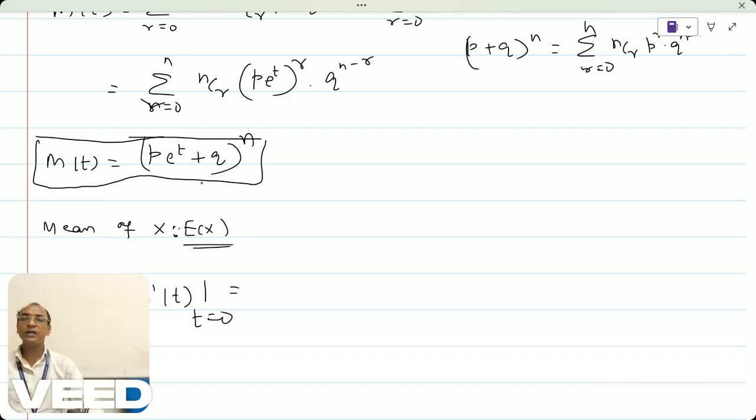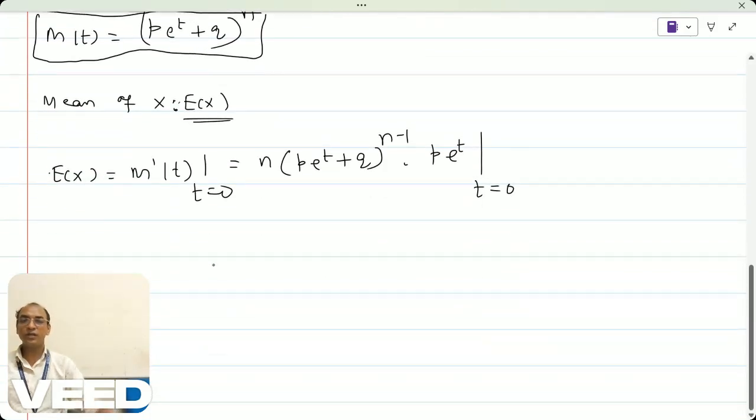Now we will find the derivative of M with respect to t. So n into p e to the power t plus q to the power n minus 1 and the derivative of the inside function, so that is p into e to the power t, and I will put t equal to 0.